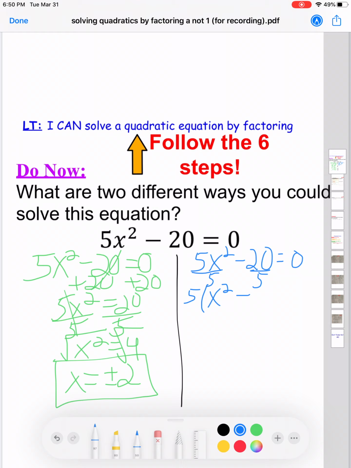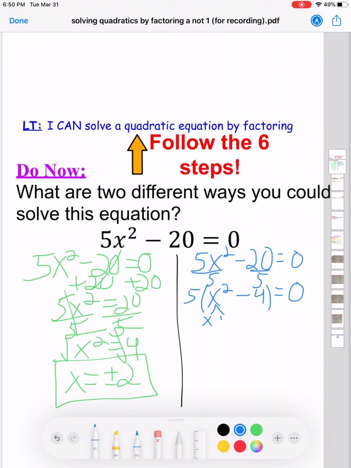We would then be left with 5 parentheses, x squared minus 4 equals 0. I'm going to keep that 5 out front and see if I can now factor the part on the inside even further. Now I notice that x squared minus 4 is a problem that I could use dots factoring on because it's a difference of two perfect squares.